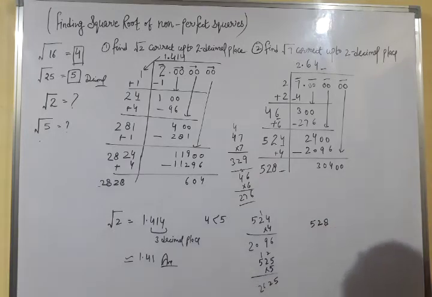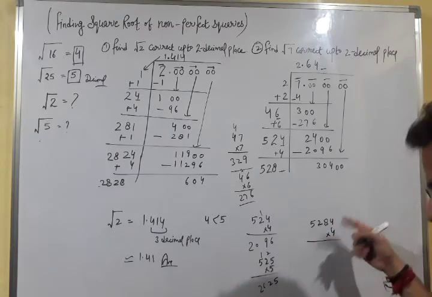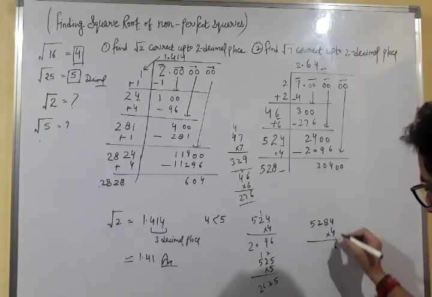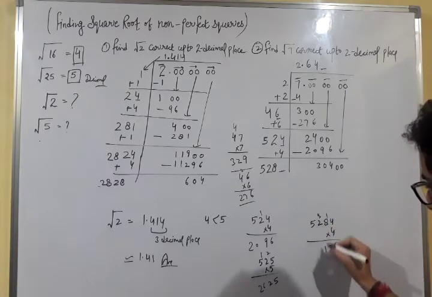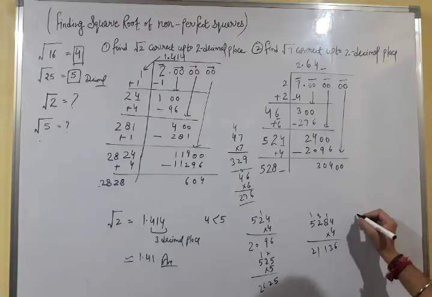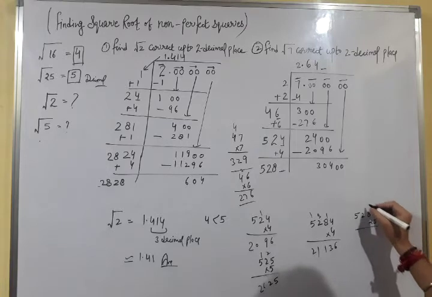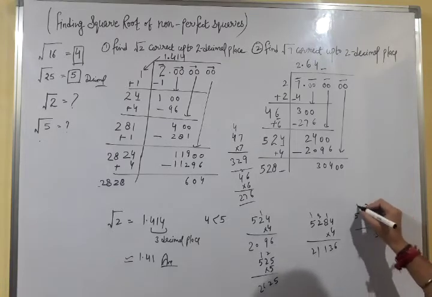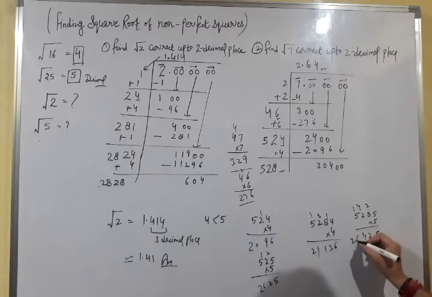What should we write here? 4. If we write 4 here, we'll multiply by 4. Check it. 4 4s are 16, 33, 11, 2 1. If we write 5 here, 5285 multiplied by 5: 25, 42, 14, 2 6.